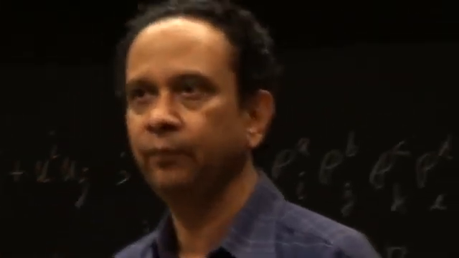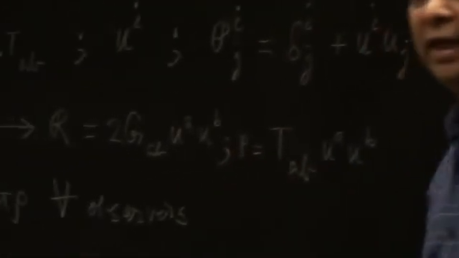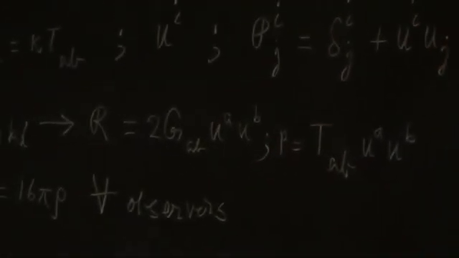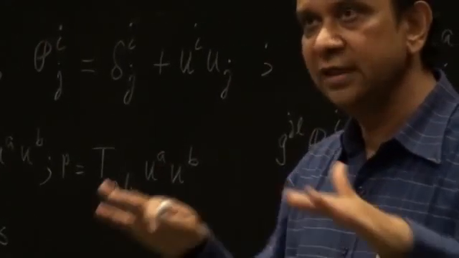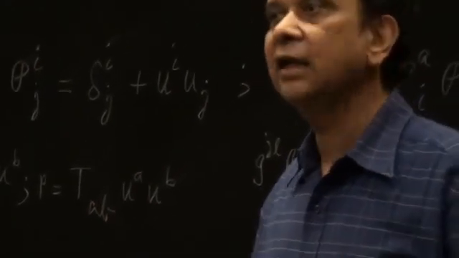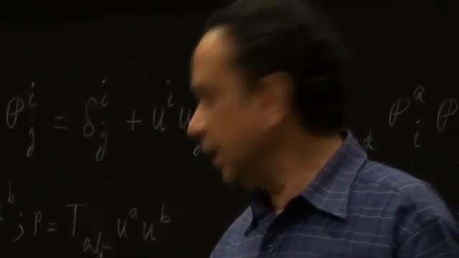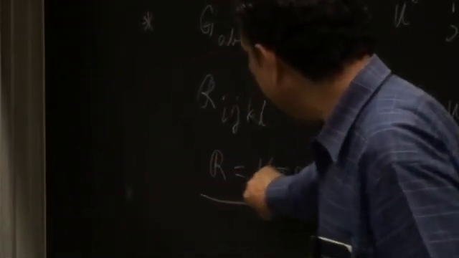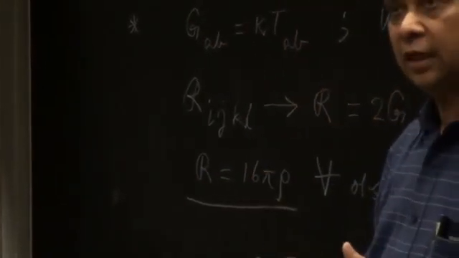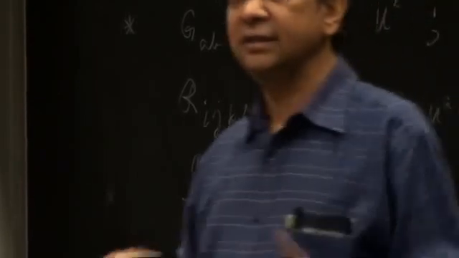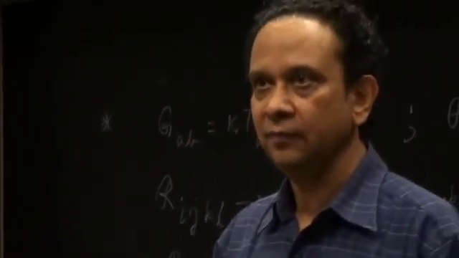This observer is going to measure some energy density. The energy density he will measure is this quantity, T_AB U^A U^B. He will also measure with the curvatures projected onto its surface, a scalar curvature. Then he will just say that the scalar curvature as measured by me is equal to 16 pi times the energy density which I have measured, and this energy density just produces that scalar curvature.